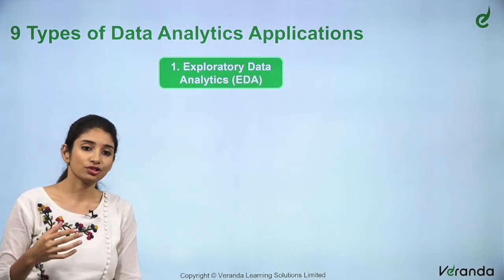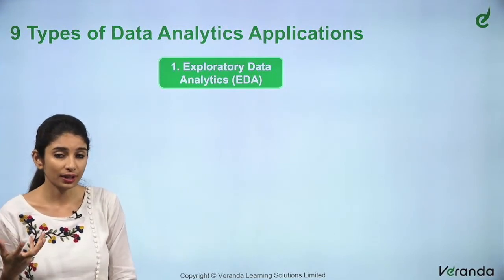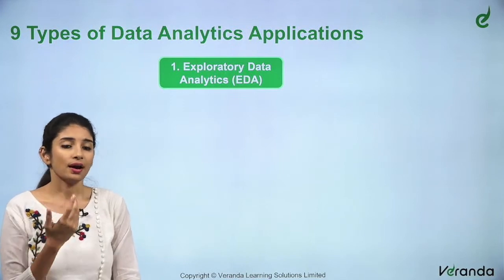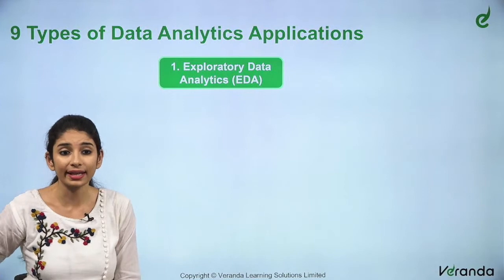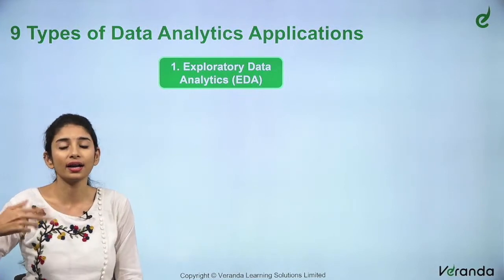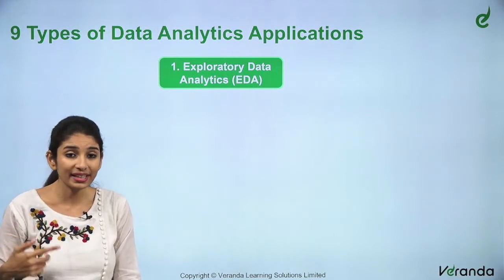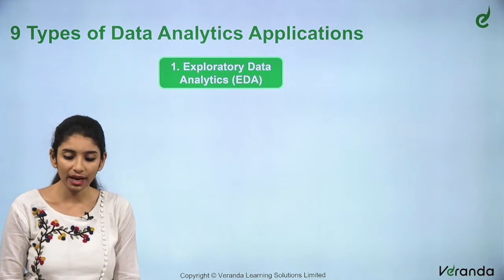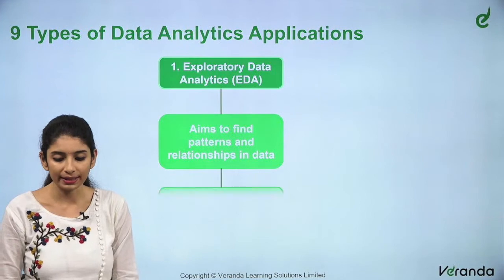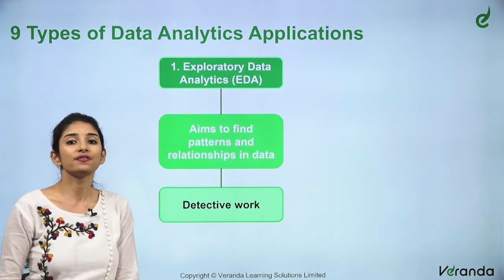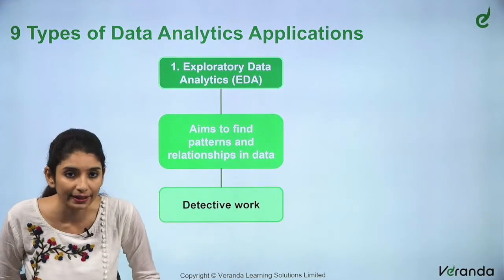They've been using this shampoo and this soap more than the other parts of the country. So you get some trends in the data. You can run queries on this software and it will give you the answers. It aims to find patterns and relationships in data. So it is like the work of a detective.